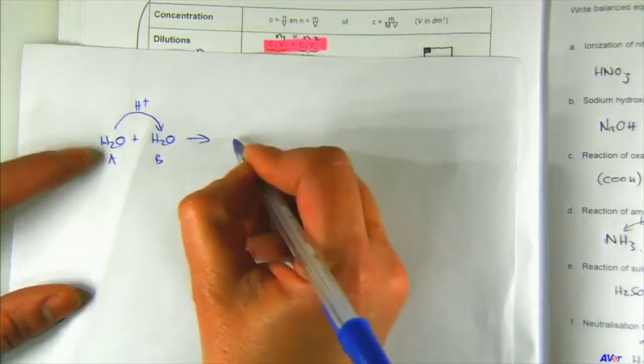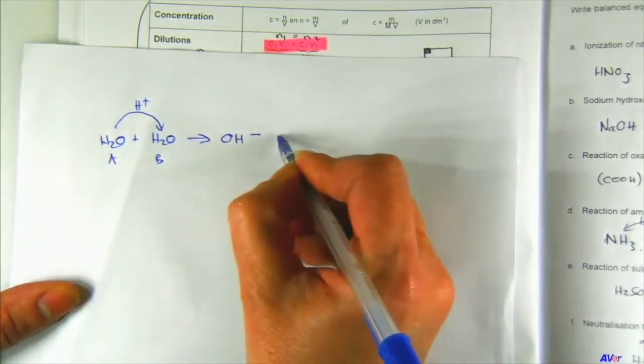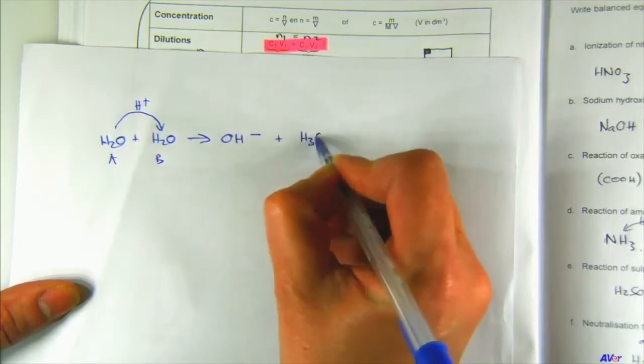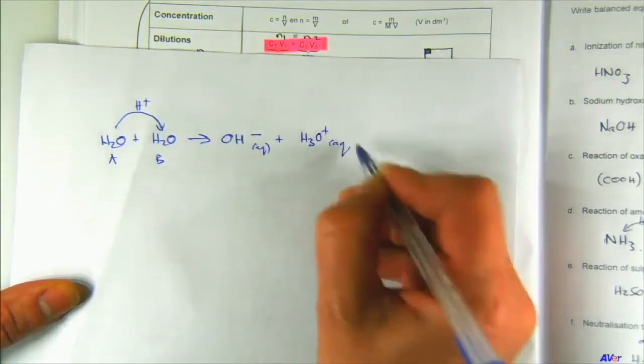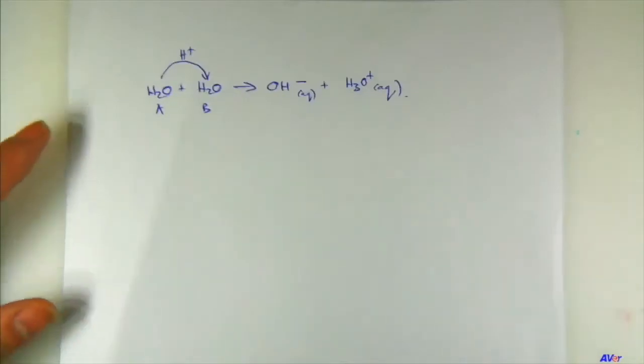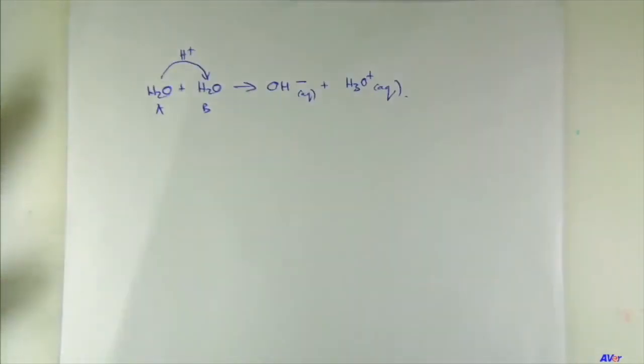This one will become OH minus, and that one will become H3O plus in solution. And that's why it's called autoprotolysis, right? Because it's water with itself. Protolysis because it's transferring a proton, right? Electrolysis would be an electron, this is protolysis, it's a proton that is donated.